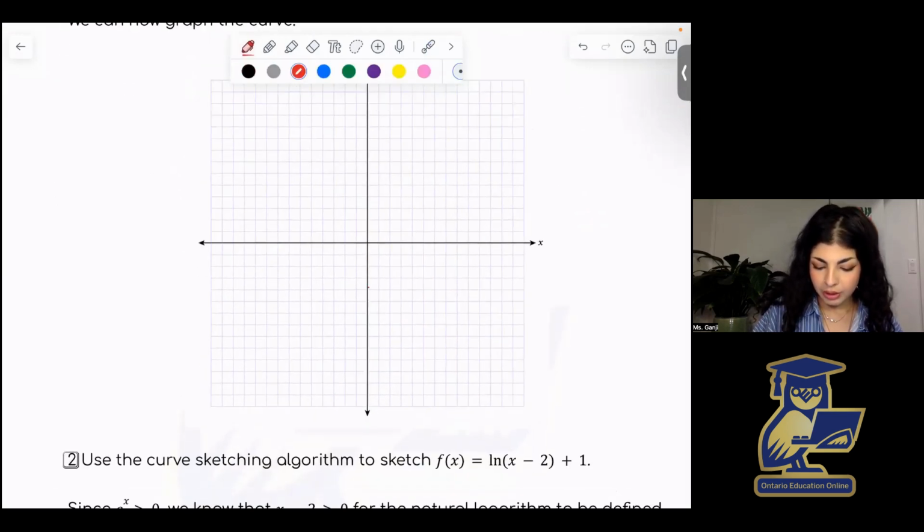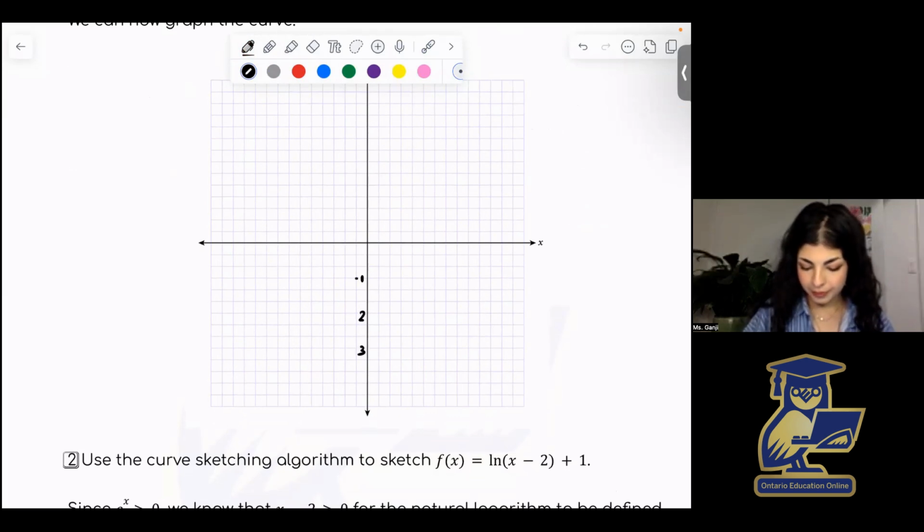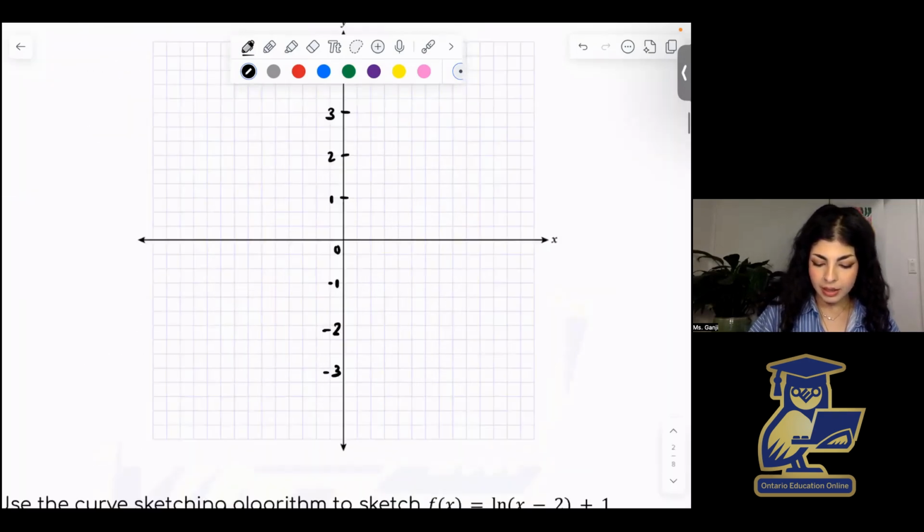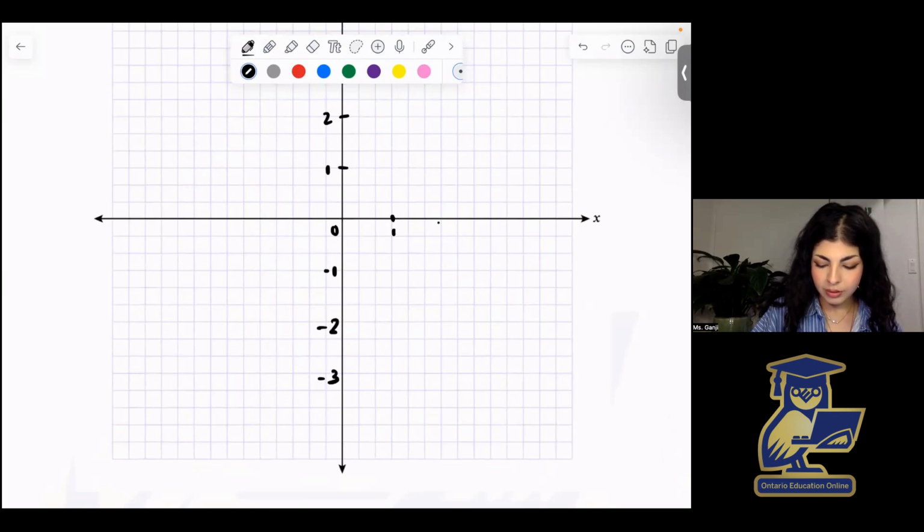So I'm just going to say this is, let's do 1, 3, and then 0, 3. Okay. And then here, we can do 1.